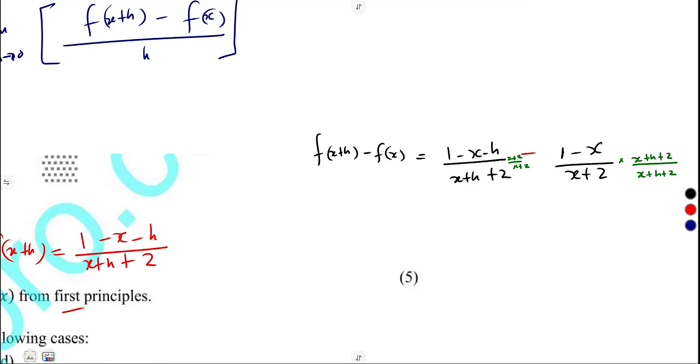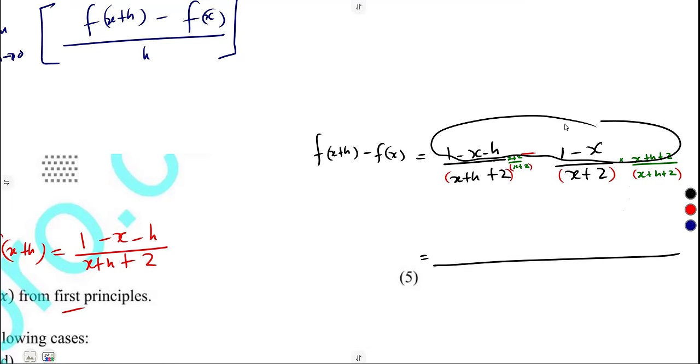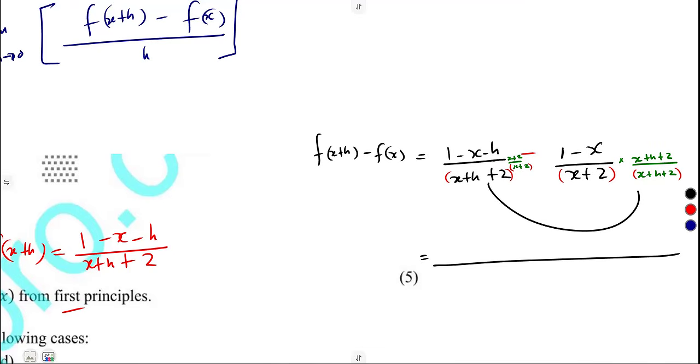We know that if the denominators are the same, as we can see here, you simply combine by adding or subtracting the numerators. Just combine the numerators together, since the denominators will be the same. x plus h plus 2 into x plus 2, sorry, that's x plus 2, not x plus h.